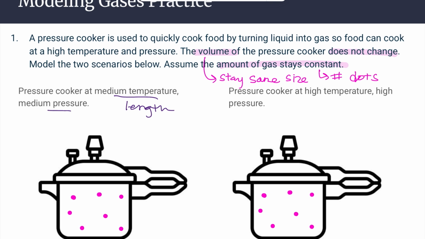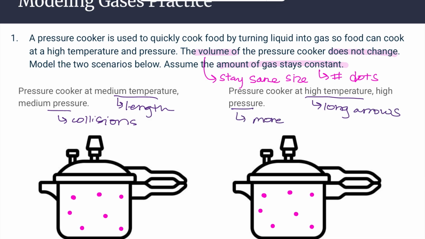And then medium pressure, that's going to be shown with the collisions that we have of our molecules with the container. If we get to the pressure cooker at a high temperature, that means that we are going to be changing the length. We're going to want long arrows. And our high pressure, that means that we're going to want more collisions.